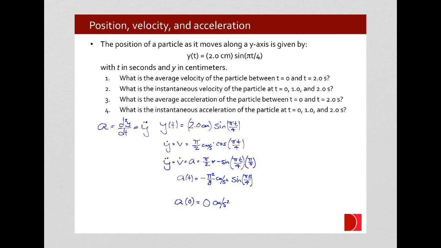When we want the acceleration at 1, we get our constant factor times a sine of pi times 1 over 4. This pi over 4 is 45 degrees. Sine of 45 degrees is a factor of root 2 over 2.